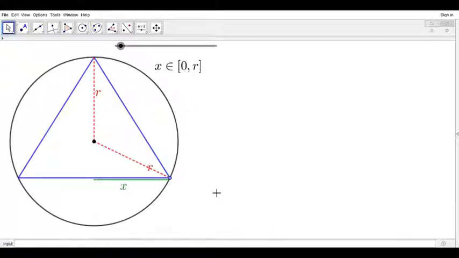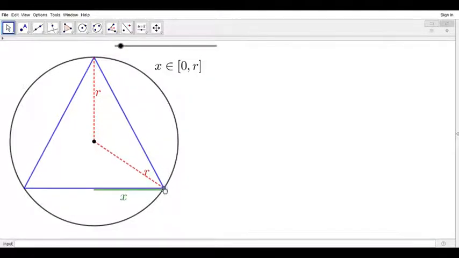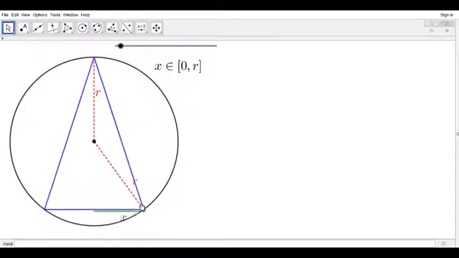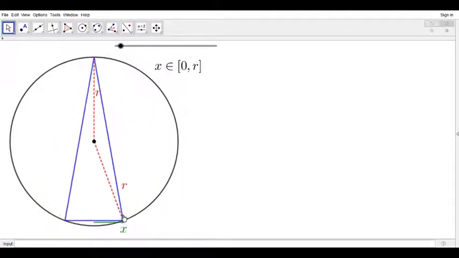Okay, so let's use x to represent half of the base, and the interval is 0 to r. So let's try to illustrate these varying possibilities for the value of x. Here is an illustration of x becoming smaller.